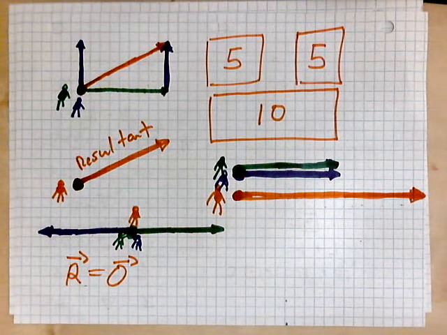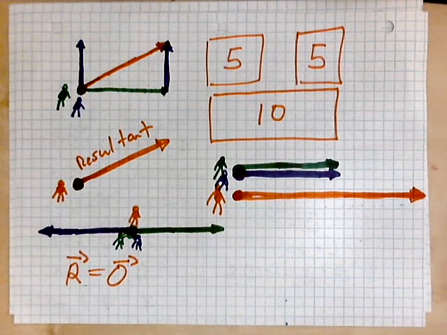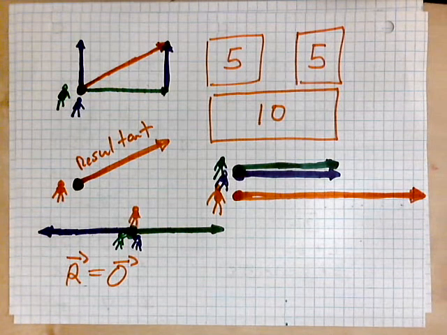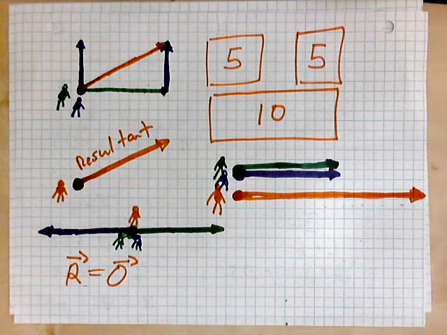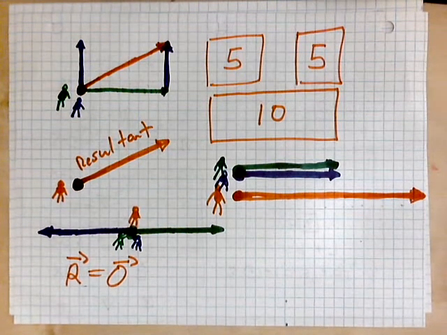Okay, so this is what we mean by a resultant. So one more time, the resultant is the one vector or force, in this case, you would apply to produce the same impact as several individual vectors or forces.